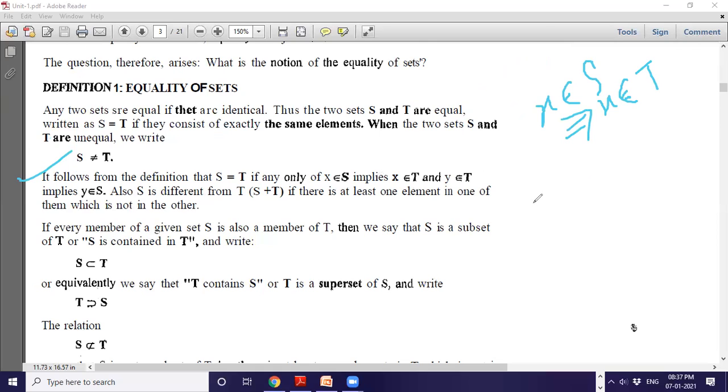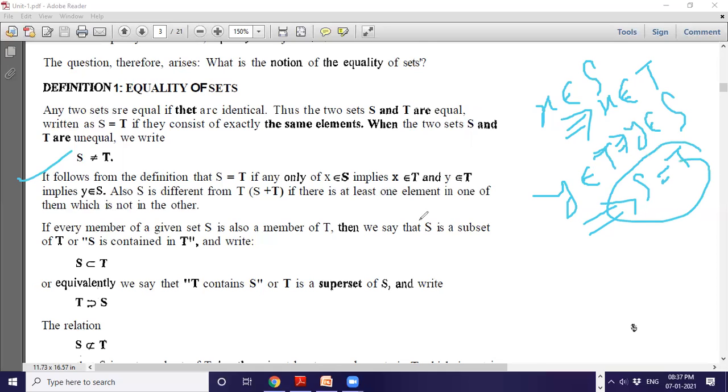Or y, any element, I am talking about any element: y belongs to T implies y belongs to S also. Then we can say that these two sets are equal.